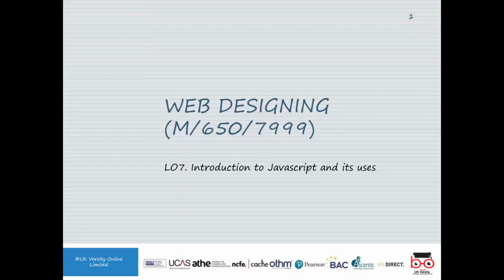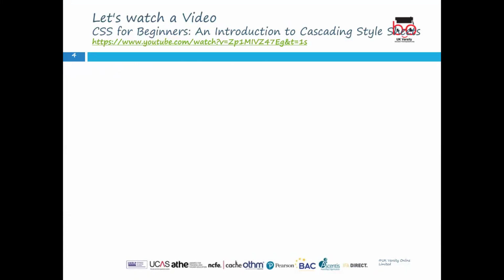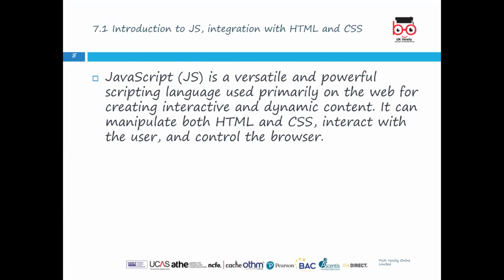Okay, so what do we know about JavaScript? We all know JavaScript is a programming language, and it is classified as versatile, which means it is reusable in different environments, and it is a high-level programming language.